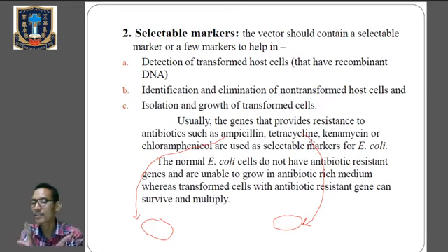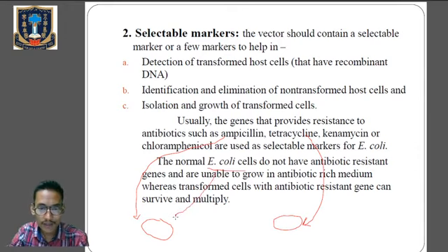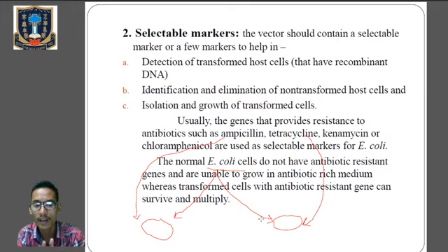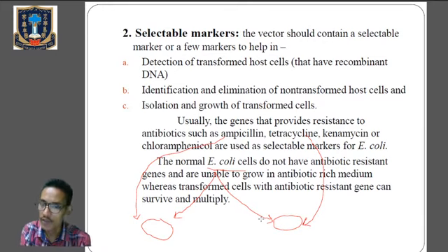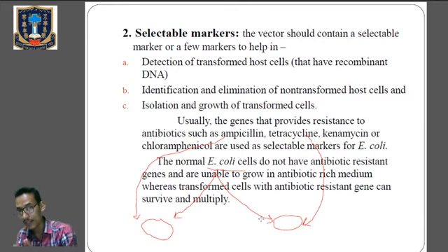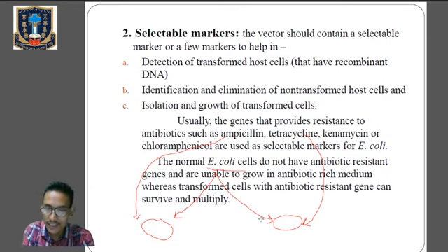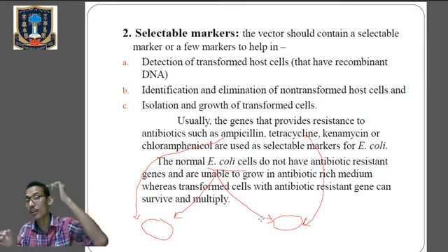The normal E. coli cell does not have such an antibiotic resistant gene. So when we put the E. coli cells into the culture plate containing ampicillin and the culture plate containing tetracycline, they will not survive. Why? Because the E. coli cell does not have an antibiotic resistant gene. Clear? But by the process of recombinant DNA technology, try to recall that technique.